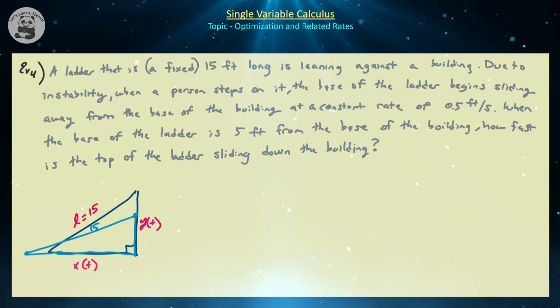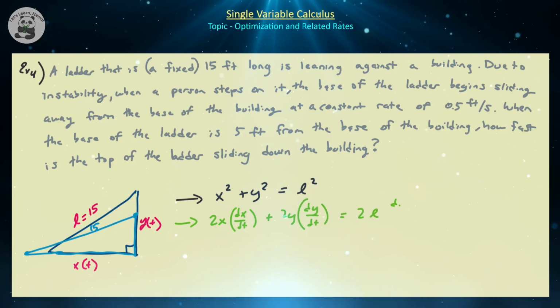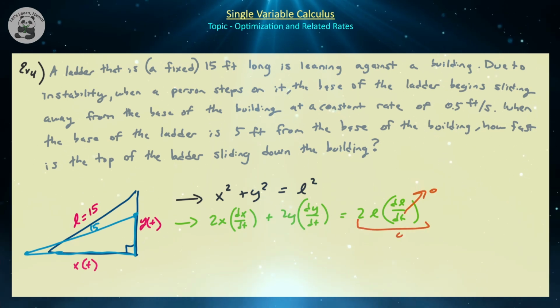So if we differentiate this particular triangle with respect to time, since we're assuming it's a right triangle, x squared plus y squared will be equal to L squared, where x and y change with time and L does not change with time. So we're going to have 2x times dx/dt plus 2y times dy/dt equal to 2L times dL/dt, but we're assuming that L does not change with respect to time, therefore this is equal to 0, which means the entire right-hand side is equal to 0.